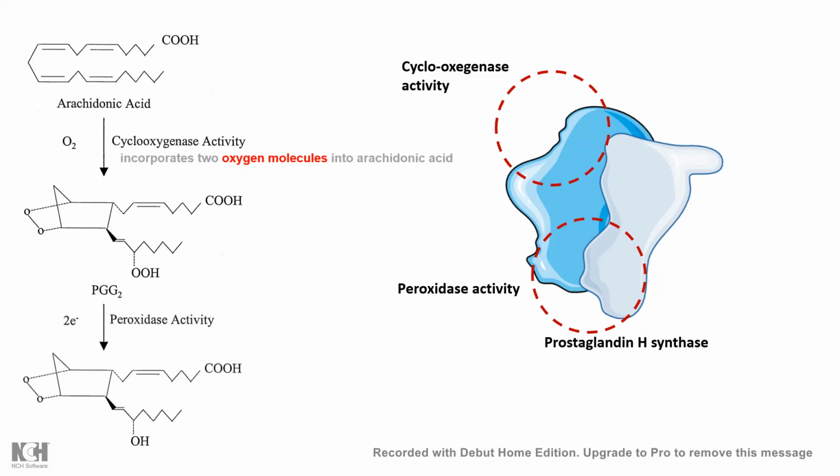After that, PGG2, with the help of the peroxidase activity of prostaglandin H synthase, is reduced to the corresponding alcohol, which is PGH2. So prostaglandin H synthase is a key molecule in the biosynthesis pathway of prostaglandin.